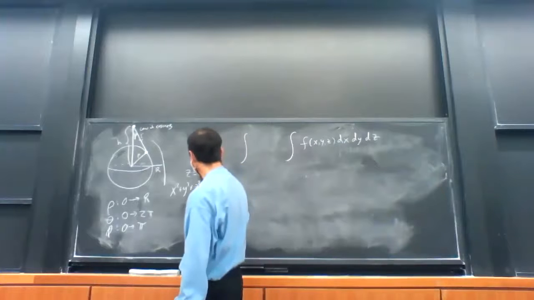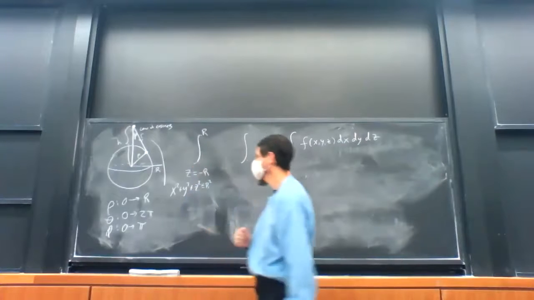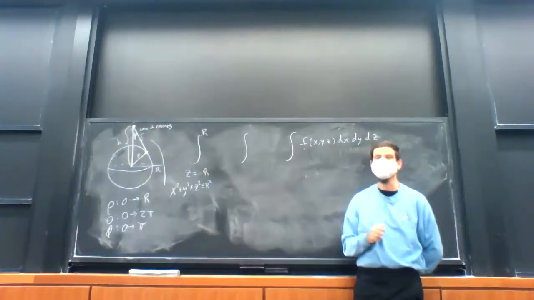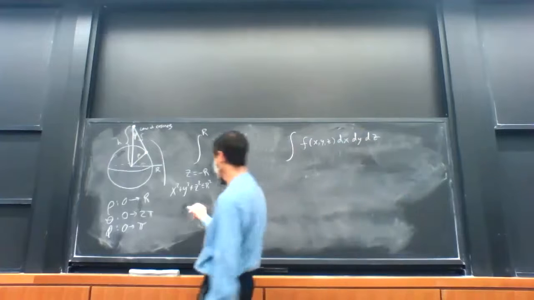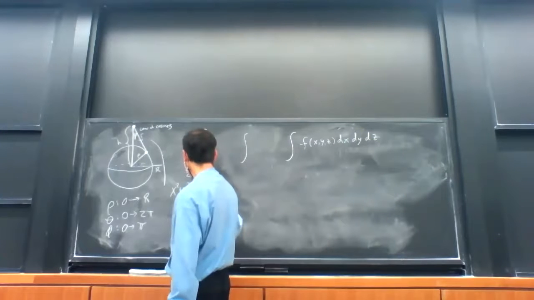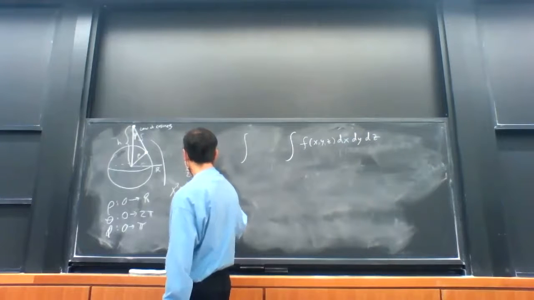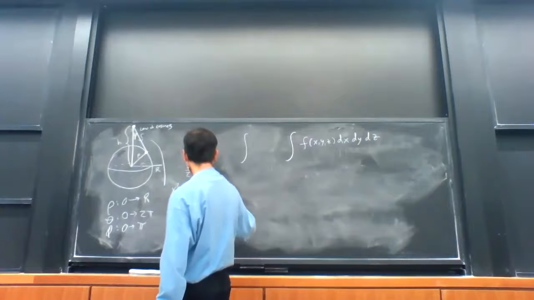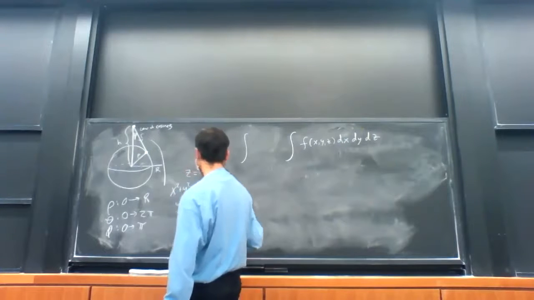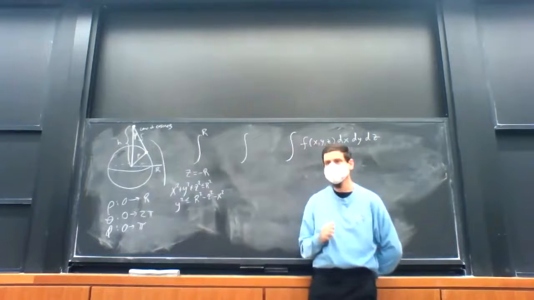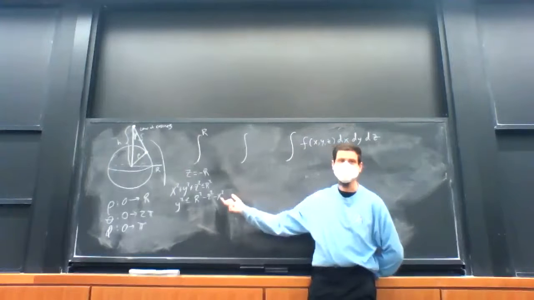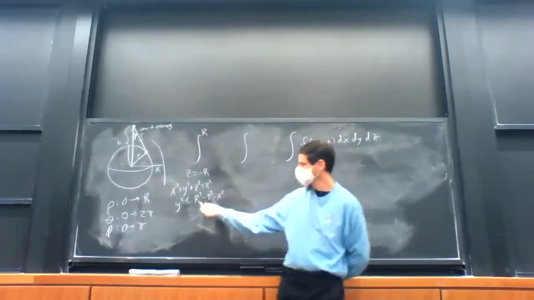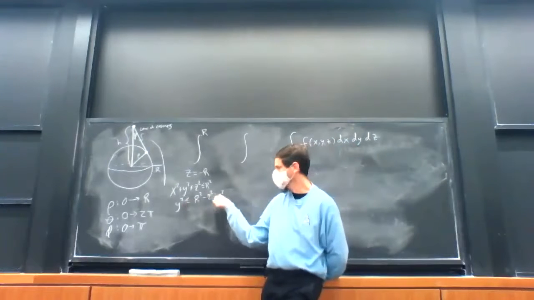Well, we could be inside. So it could be x squared plus y squared plus z squared is less than or equal to r squared. I don't have to be on the surface of the sphere of radius r. I could be inside. So I get y squared is less than or equal to r squared minus z squared minus x squared. If I wanted to make this as large as possible, I would take the equality, and what would I take for x?